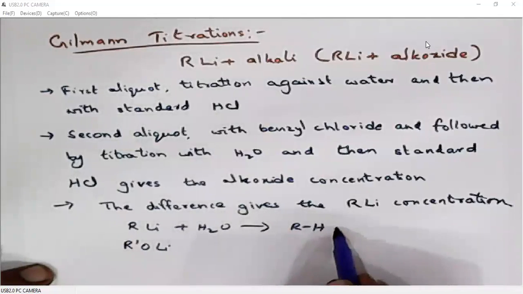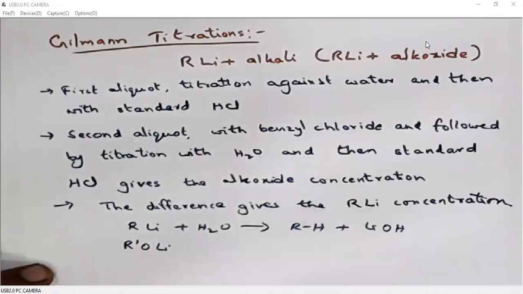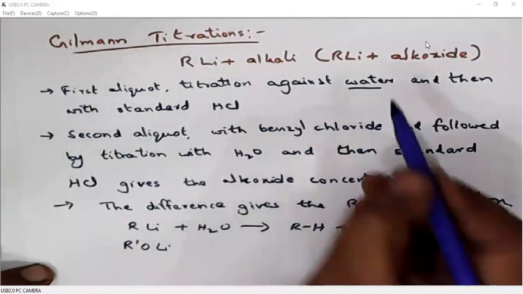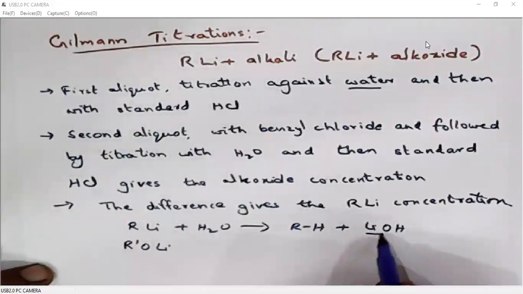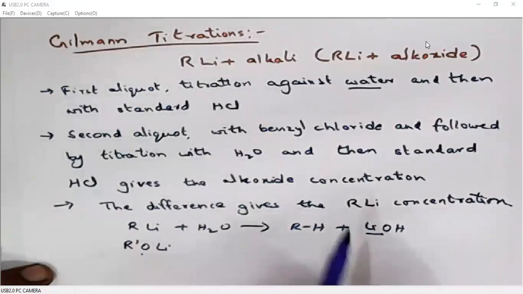Alkyl lithium becomes alkane plus lithium hydroxide. So we are generating a base. So in the first aliquot, when we titrate it with water, we are generating a base. We already have another alkoxide base. So after the first titration, we have two bases.